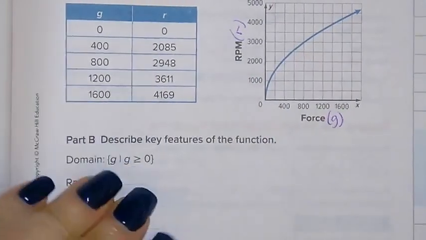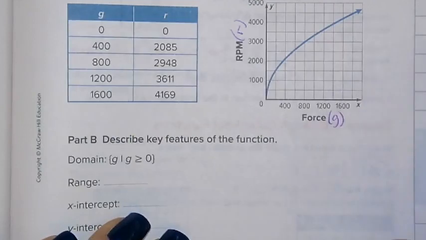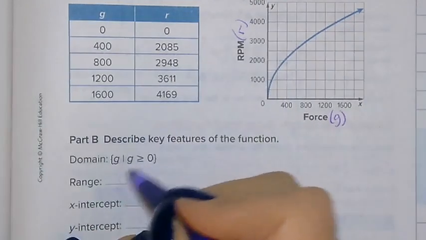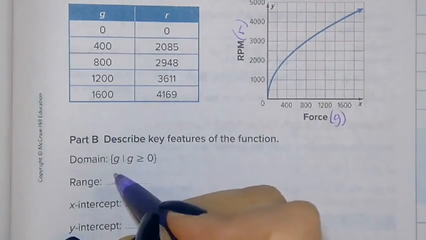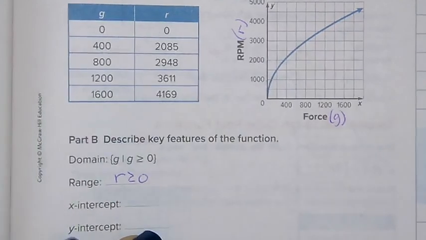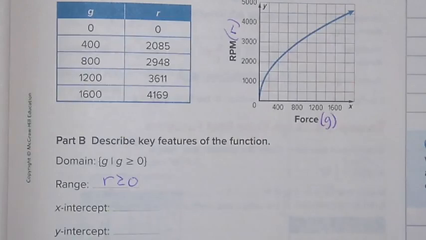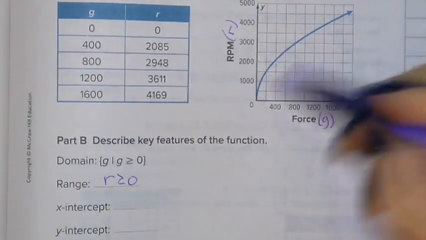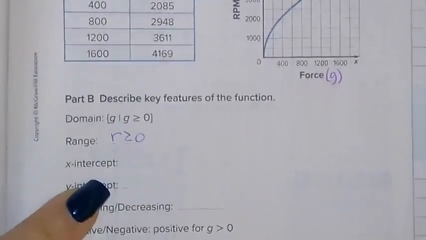It is real life info, so our range is R is greater than or equal to 0, positive, but not only because it's real life, it's the square root function, which usually starts on 0, 0. So again, here's our x-intercept is 0, our y-intercept is 0.